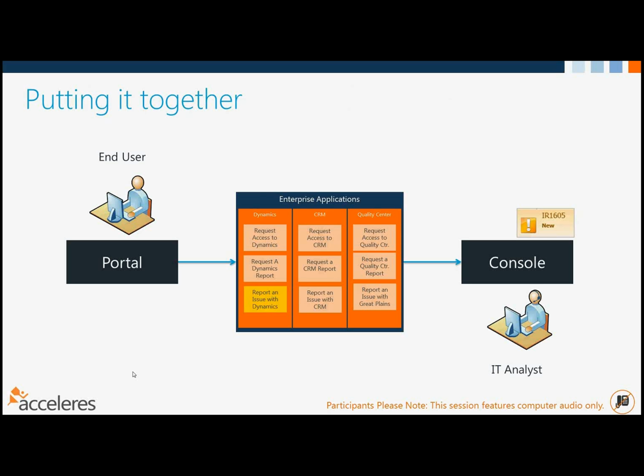Then under the Dynamics service offering, we have a specific request offering to report an issue with Dynamics. So our end user can select that request offering and submit the request through the portal, and that's going to generate a new incident in the console that an analyst is going to pick up and assign to himself or herself, or potentially escalate, etc.